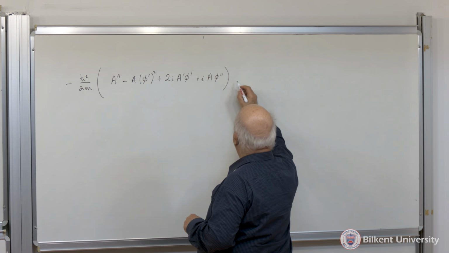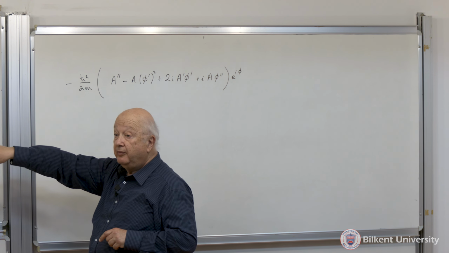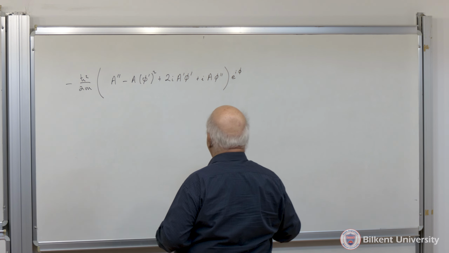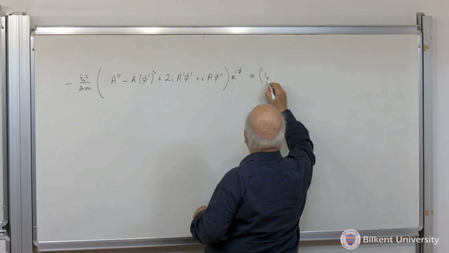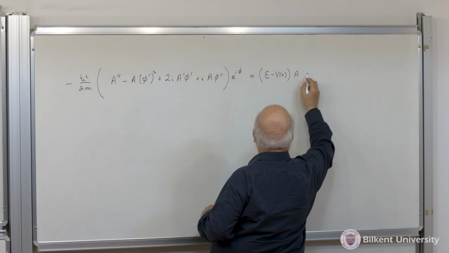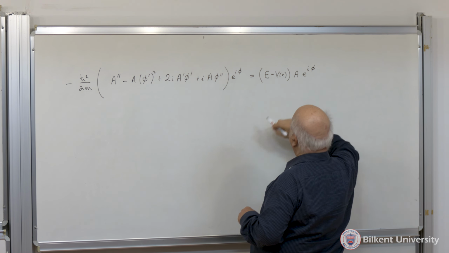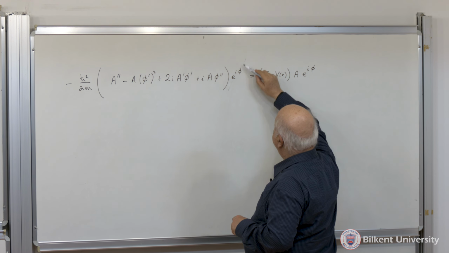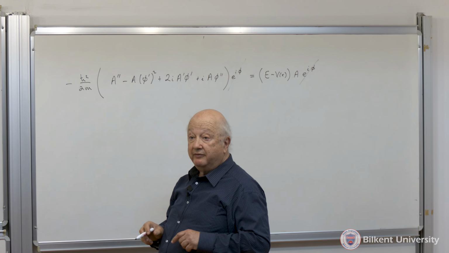Okay, e to the i phi. So that's just the second derivative term. Then I have that thing is equal to E minus V of x times A e to the i phi. Okay, so I can just cancel the e to the i phi's. All right, I have something like this.